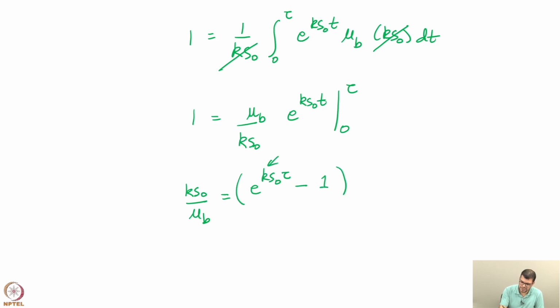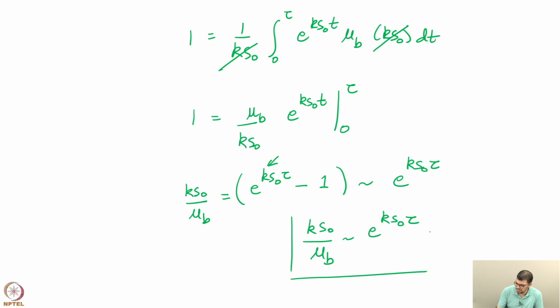And if k is sufficiently large, this can be approximated as e to the power Ks naught into tau. So, I get this equation that k times S naught times mu b is approximately equal to e to the power Ks naught into tau.